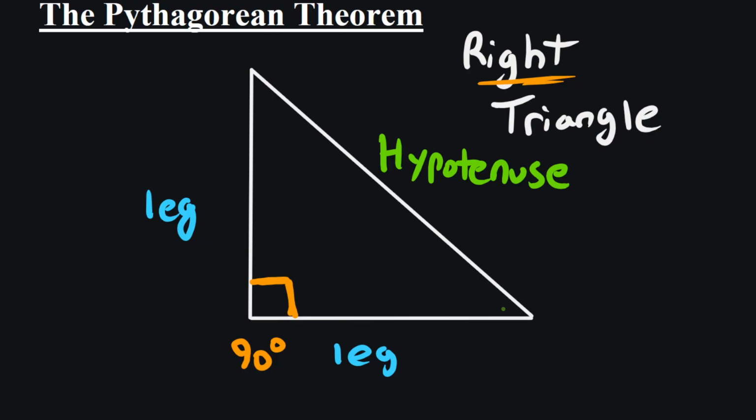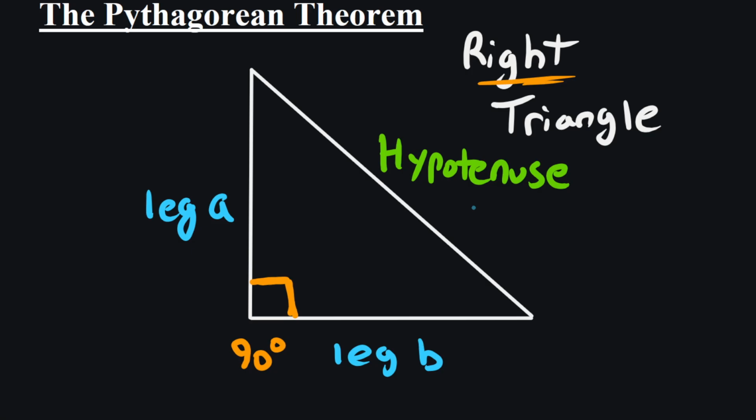In any right triangle, the side opposite to the right angle is the hypotenuse, and the hypotenuse is always the longest side. It's longer than either leg. We'll call this leg A, and let's call this one leg B. Perfect. So the hypotenuse is longer than either leg A or leg B.